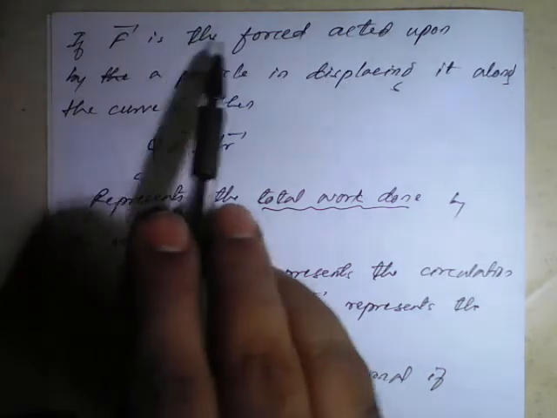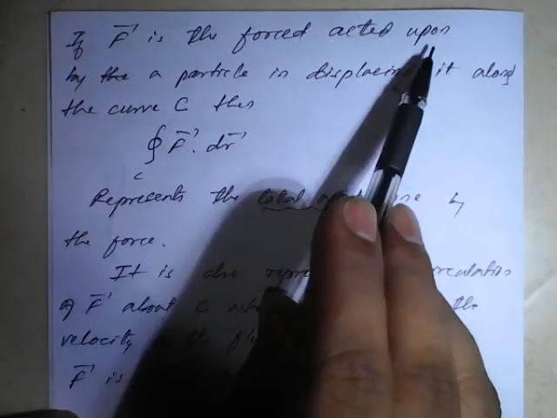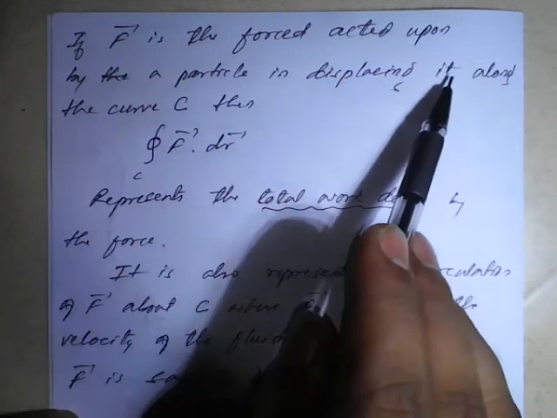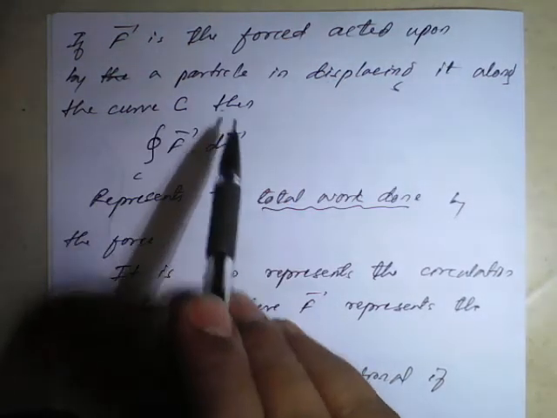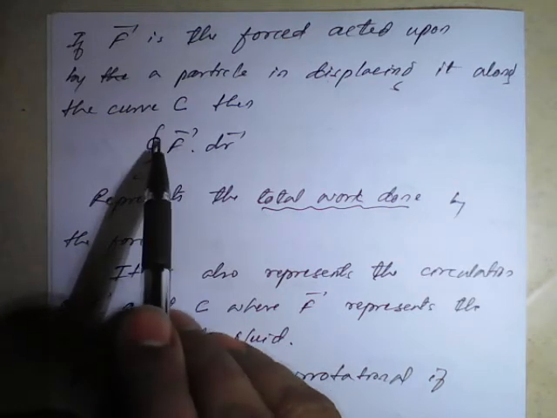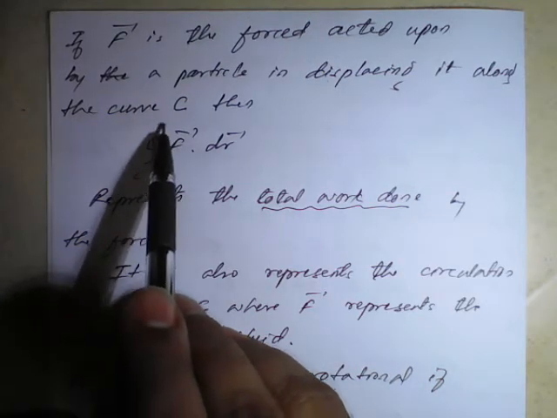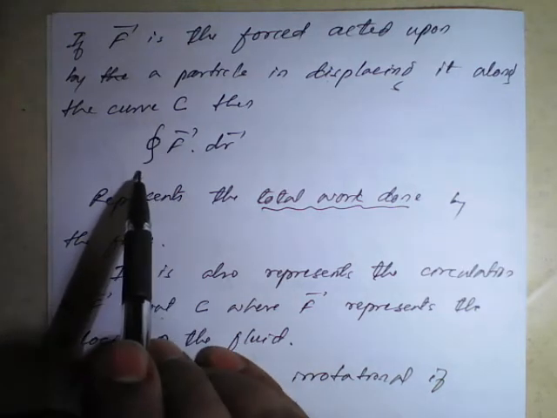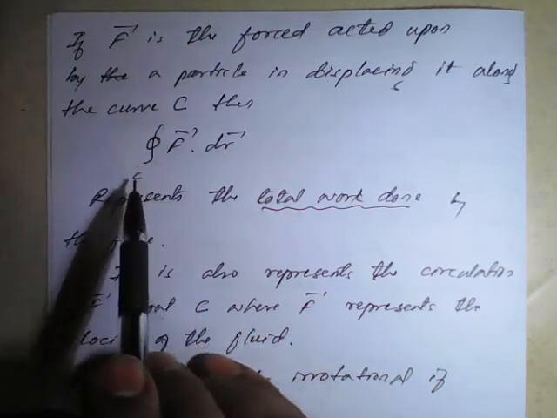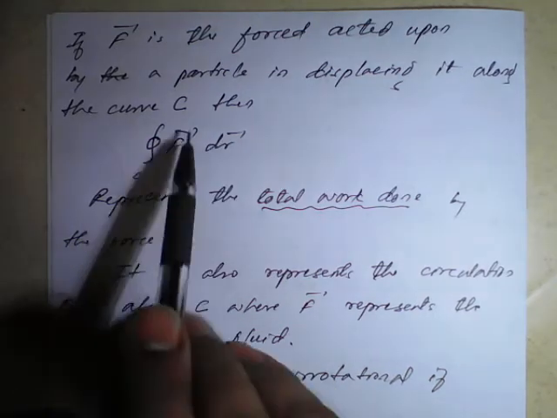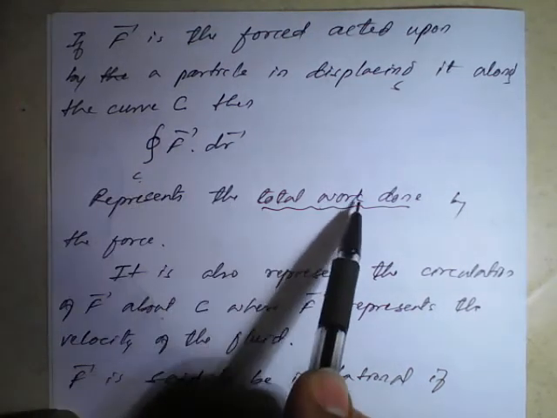Now if vector F is the force acting upon a particle in displacing it along the curve C, then it is given by closed integration. This circle on the integration means closed curve, that is closed integration of vector F dot vector dr, which represents total work done.